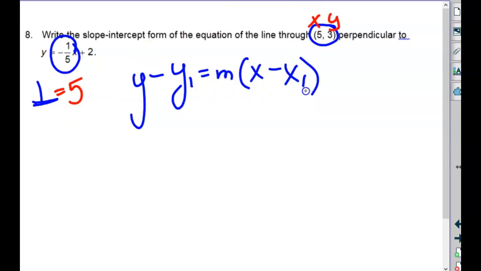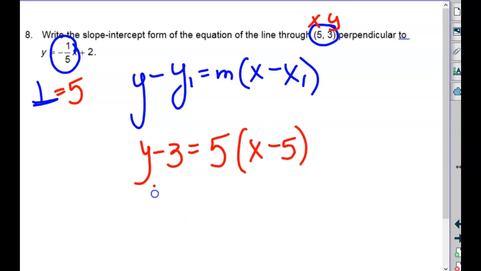Be real careful. I saw on the post-test there was a question where you had to find the equation of a line. I saw some people do this and put the x's and the y's in the wrong spot. So this would be y minus 3. The slope was 5 and the x value was 5.